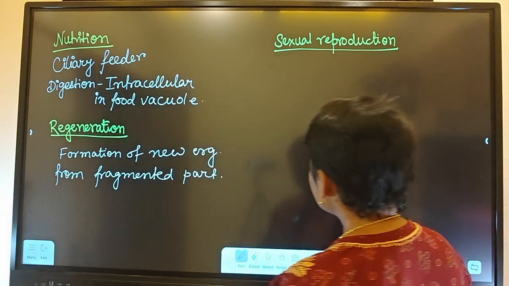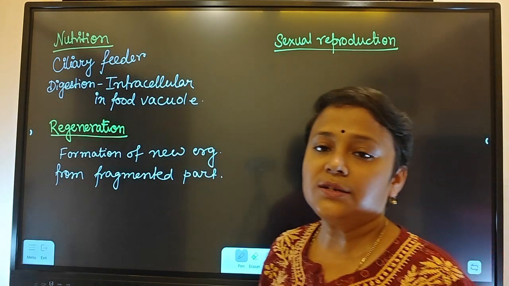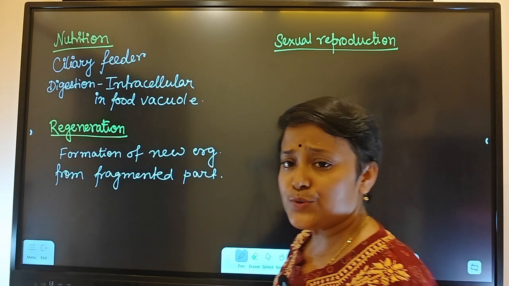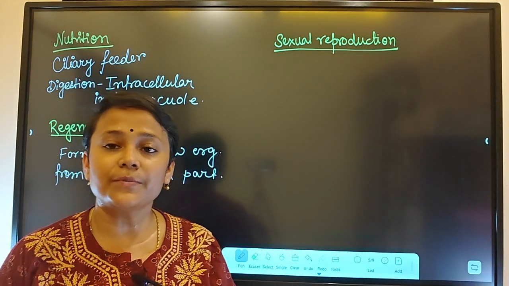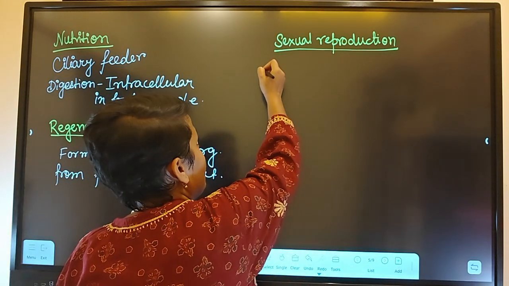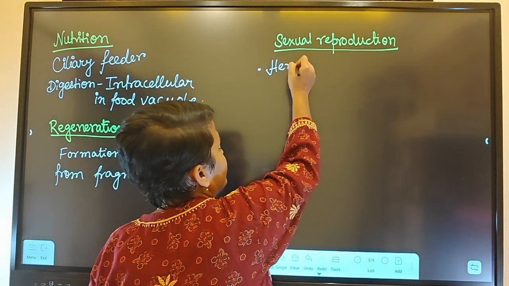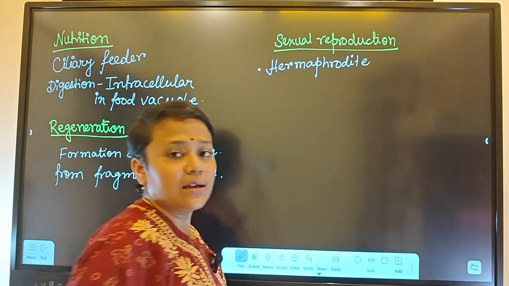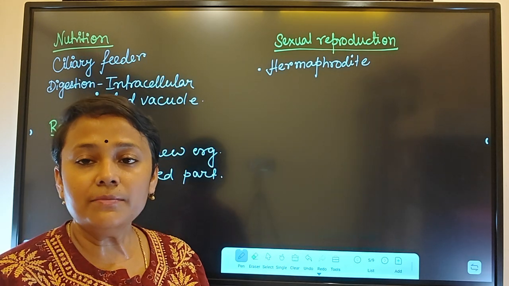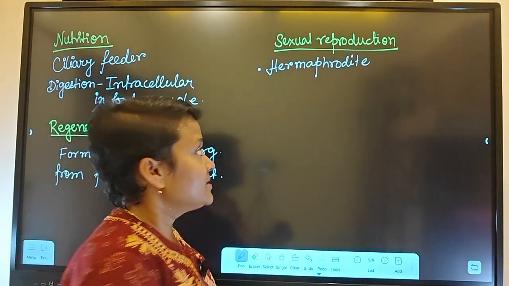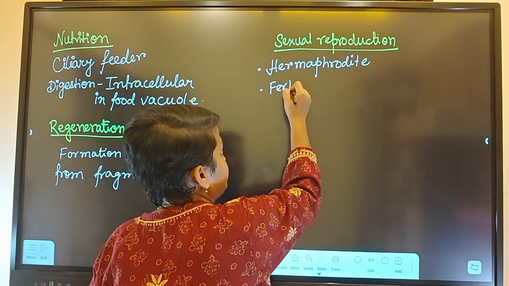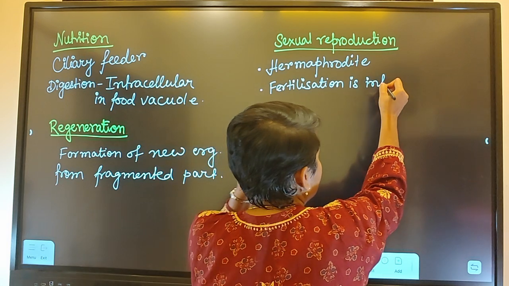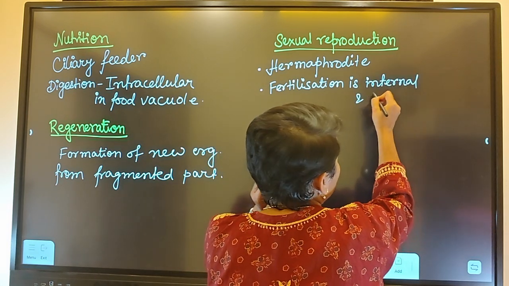Coming to the next one, reproduction. Reproduction is done by two modes, sexual and asexual. In sexual reproduction there will be formation of gametes. They are actually hermaphrodite. Hermaphrodite means production of sperm and ovum in a single body. But the fertilization is internal and cross.